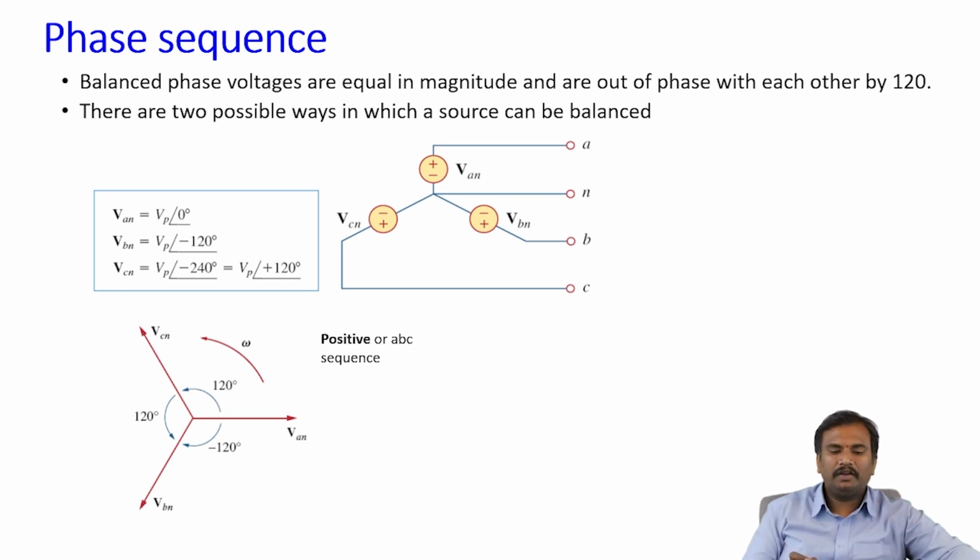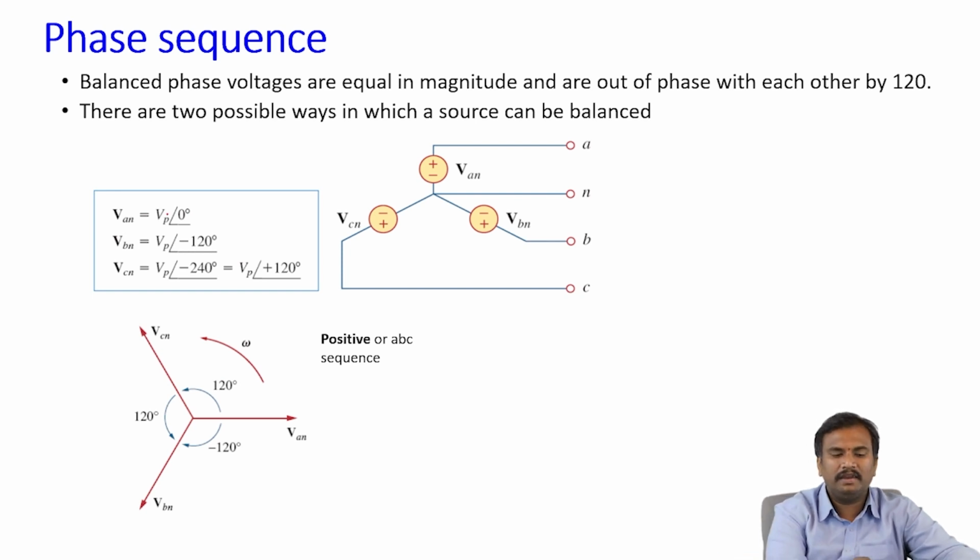Here, balanced phase voltages are equal in magnitude and out of phase with each other by 120 degrees. There are two possible ways in which a source can be balanced.